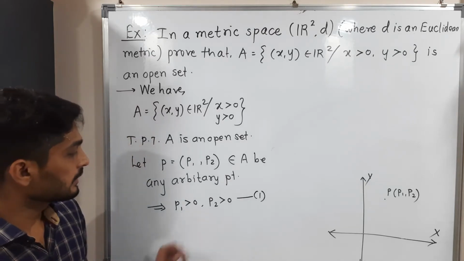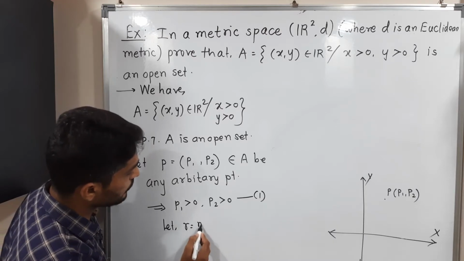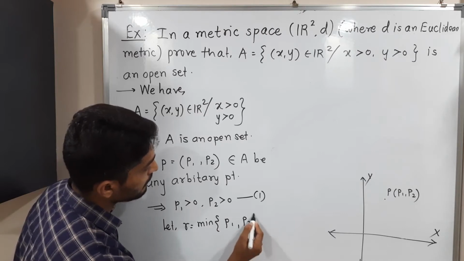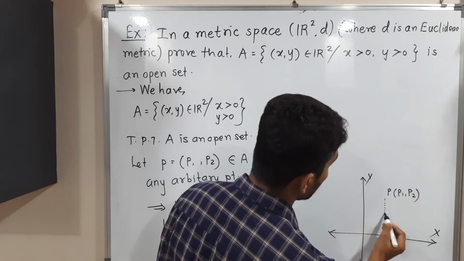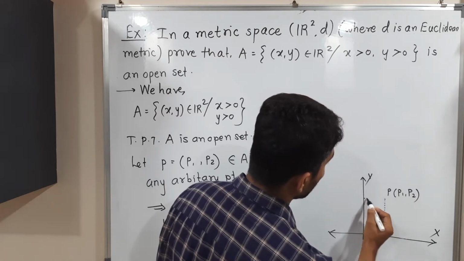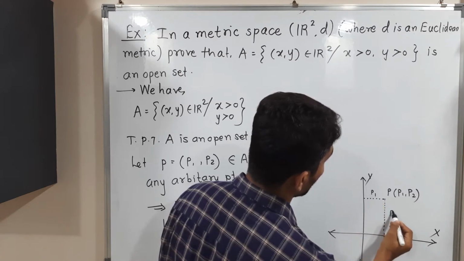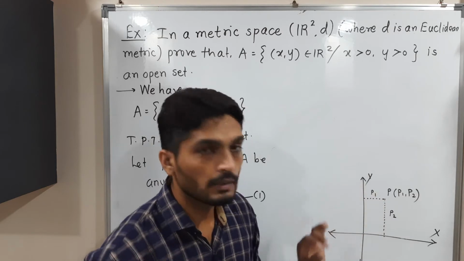See, what I am doing: R is equal to the minimum of P1 comma P2. What will be the P1 if you draw lines like this? This is our P1 and this is our P2. This distance is our P1 and this distance is our P2.